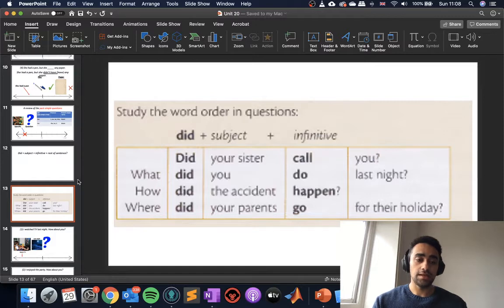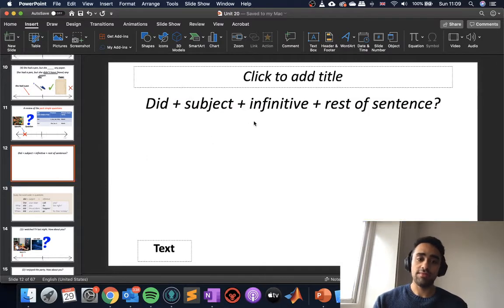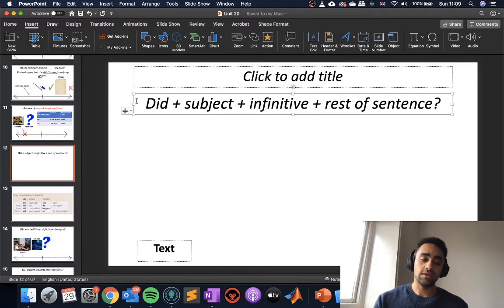So again, if you have any questions, ask, and then I will answer you. What if we want to ask about something? We have a question word, so what or how or where or why. Then we have the same format as here, but we add the question word before.